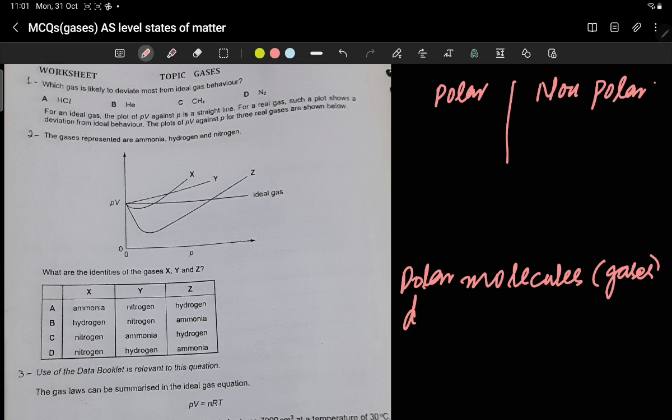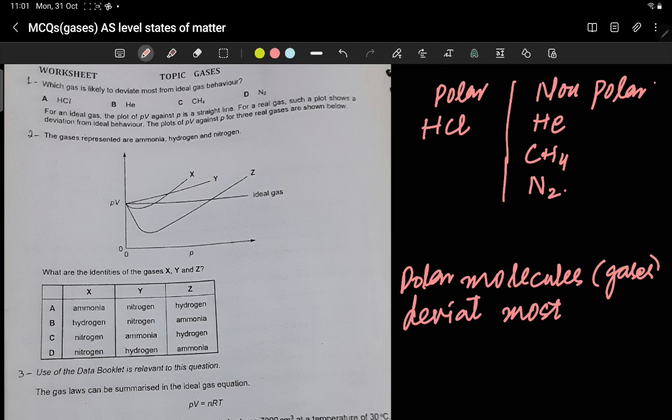In this question, HCl is polar, helium is non-polar, CH4 is non-polar, and nitrogen is non-polar.